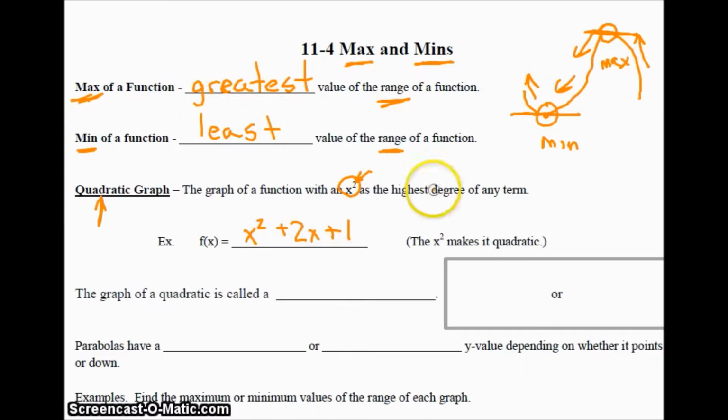This is just a generic, random formula. Our x squared is the highest degree, because this is x to the first and this is x to the 0. That 2 makes it a quadratic function, a quadratic trinomial. The x squared is what makes it a quadratic.